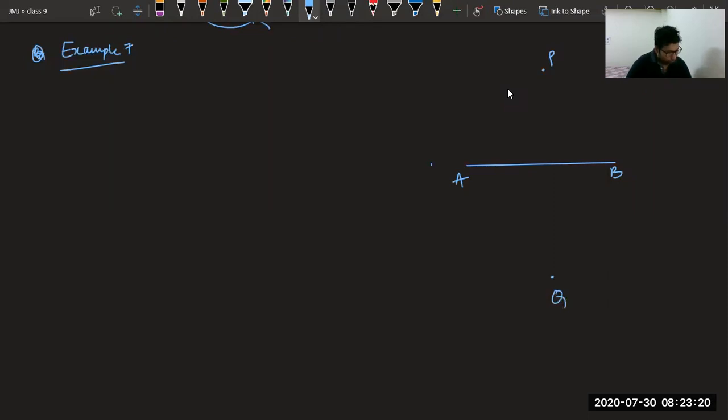And they both are equidistant from A and B. What do you mean by equidistant? That the line from A to P, suppose this is equal to this distance. Similarly, Q is also equidistant. That means this is equal to this.